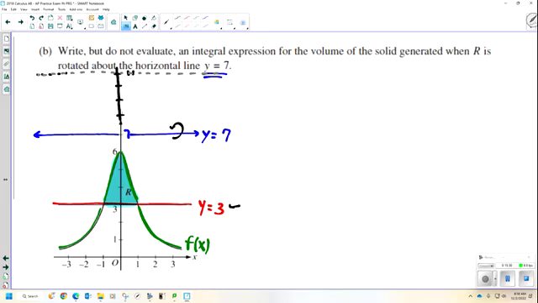And then this curvy green graph kind of goes like that. So that region R is also going to rotate over here, and it will spin back around here and back. So that's what we're doing.